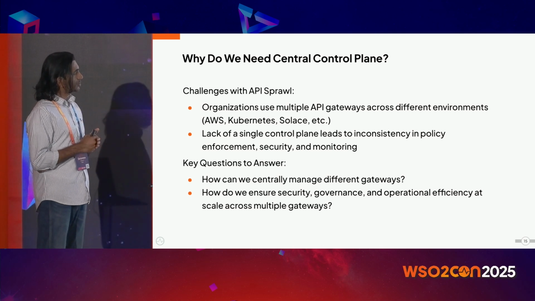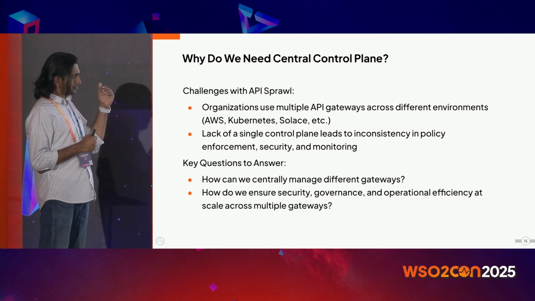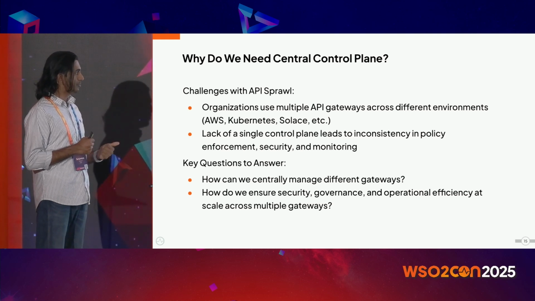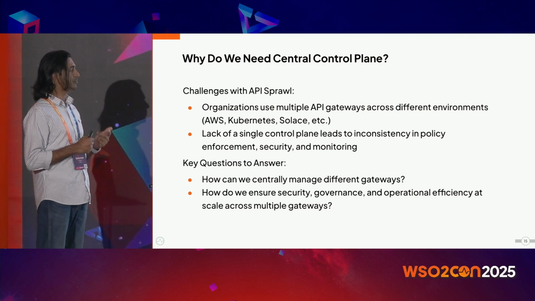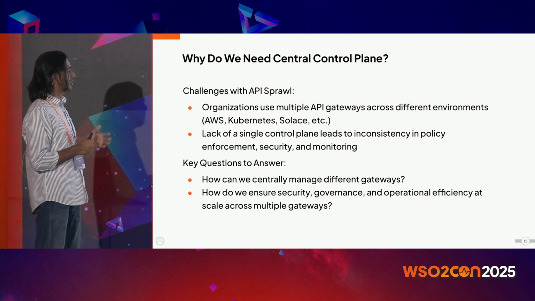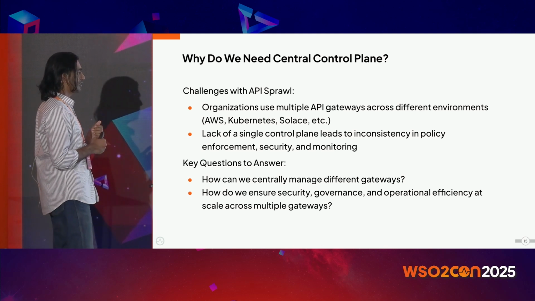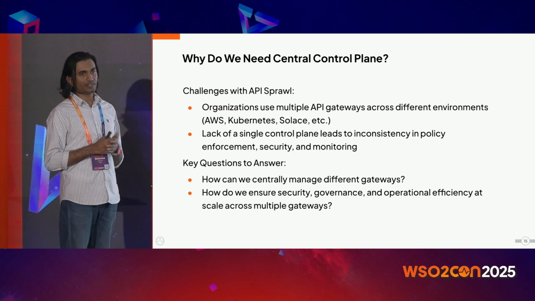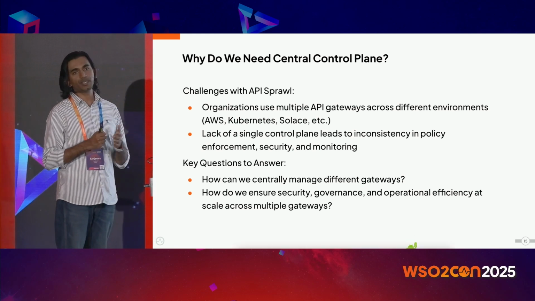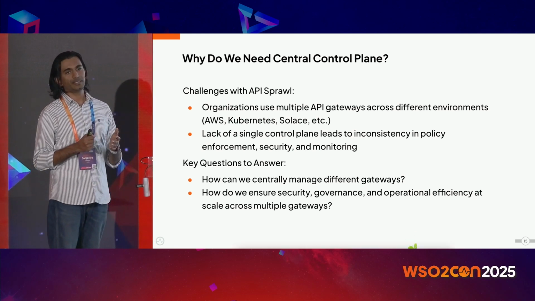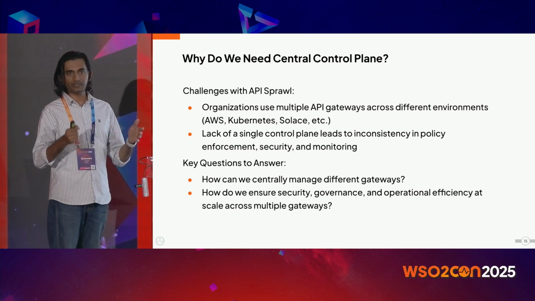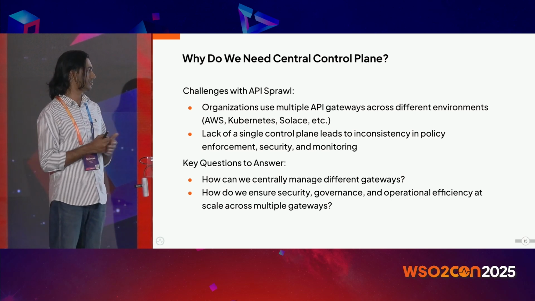And when it comes to the management part, that includes policy enforcement, security, monitoring, all these capabilities as well. So then one key question we need to ask is how we can centrally manage different gateways. As of today, most of the control planes we have out there do not support that. They can manage a specific gateway, but when it comes to different gateways, most of these vendors cannot support that.